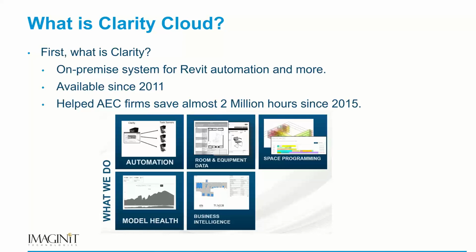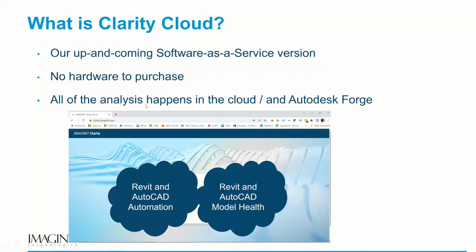And so a year or so ago, we started working on Clarity in the cloud. So something where you would not have to install the software locally, you would not have to have your own Revit licenses for it. Everything could be done in the cloud and processed via either IMAGINiT in the cloud or via Autodesk Forge in the cloud to do that kind of work.